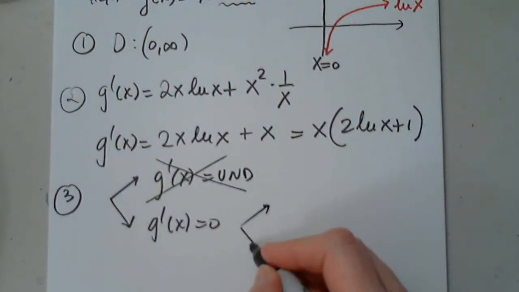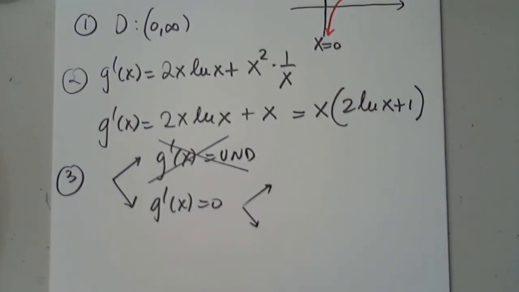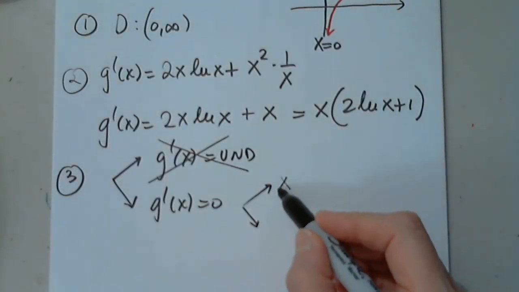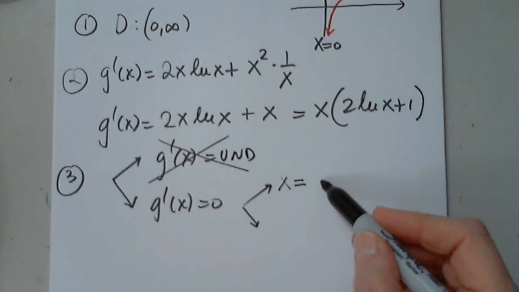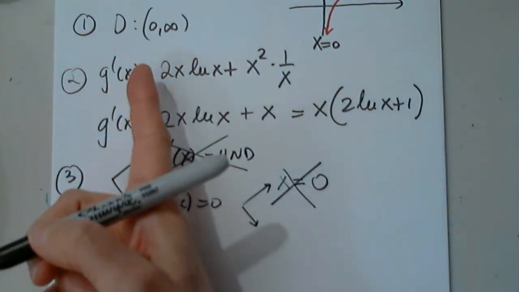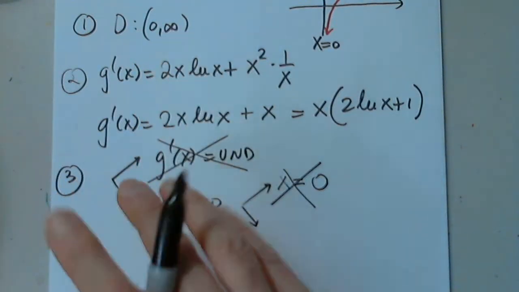What are the 2 options here for this to be 0? There are 2 possibilities. One possibility comes from this: x equals 0.